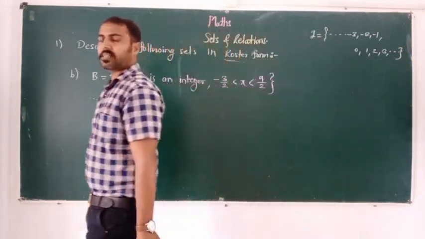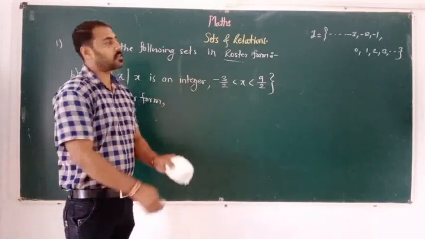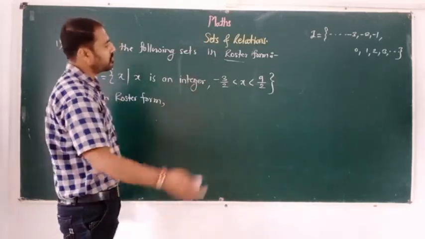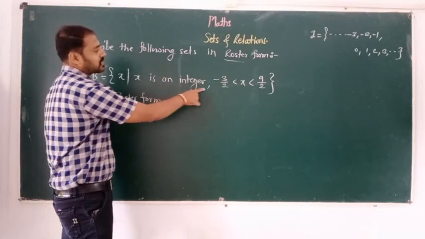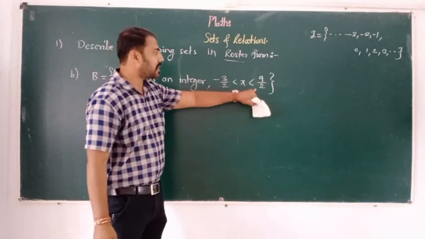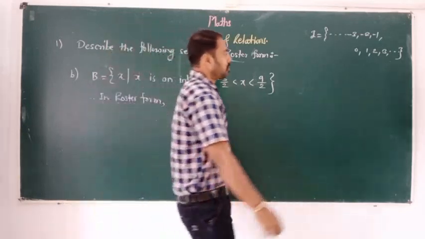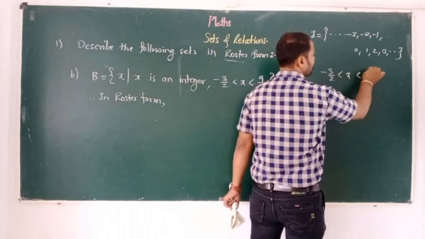All natural numbers with their negative sign including 0. That set is called the set of integers. So x is an integer such that what is the condition here? Minus 3 by 2 less than x less than 9 by 2.